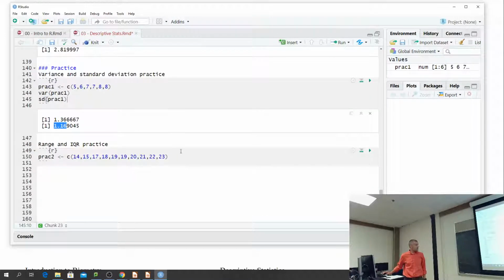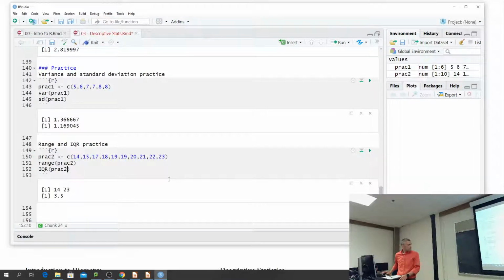What about the range and IQR? Well, again, I just called it PRAC 2, and then I can just do range of PRAC 2 and IQR of PRAC 2, run it, and that's what I get. So just again, repeat the range. You can put the minimum and maximum, that'll work.